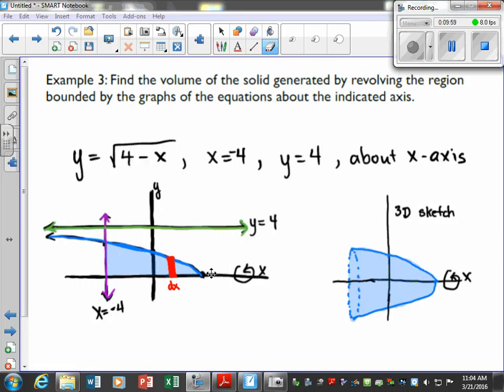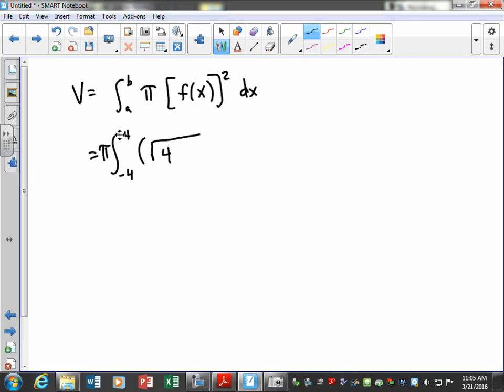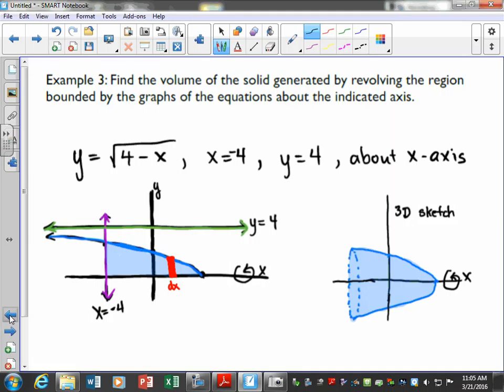So we can see that it's going to be -4 to 4, and I'm going to pull that pi out front. And our f of x is going to be the square root of 4 minus x squared, dx. So let's look back at that.